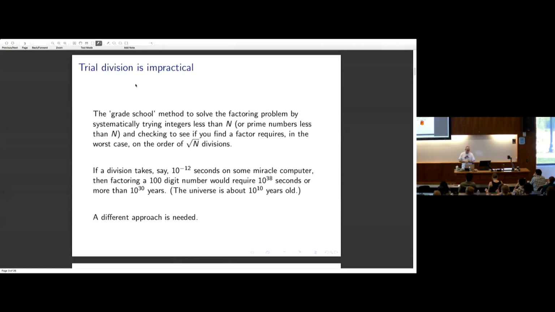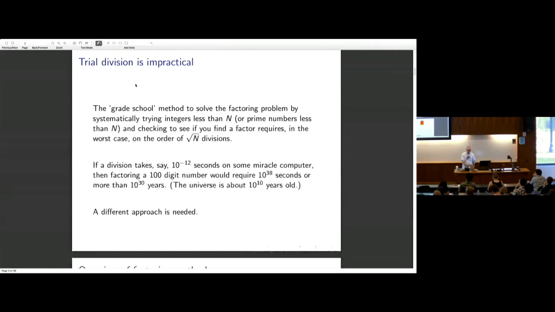So just as a quick calculation, if you can do 10 to the 12th divisions per second on some computer, and that number is totally irrelevant, pick any number that you want, then to do a 100-digit number would take 10 to the 38th seconds, which is about 10 to the 30th years, which is many, many, many orders of magnitude greater than the age of the universe, for example. So to reach numbers of any sort of respectable size, you need a different approach.